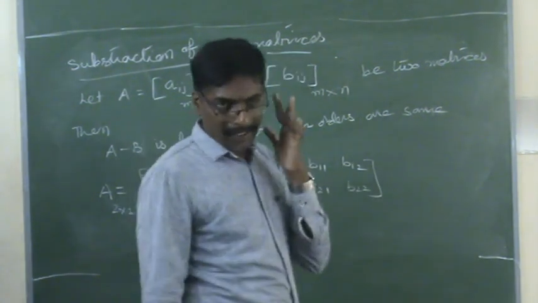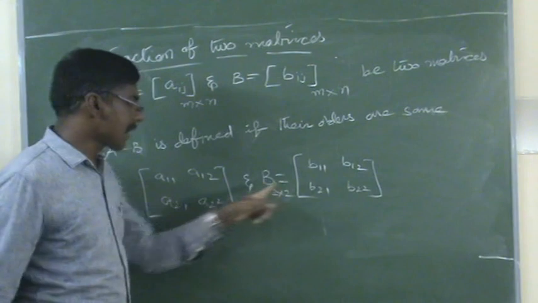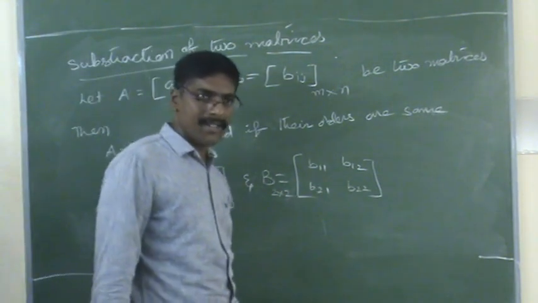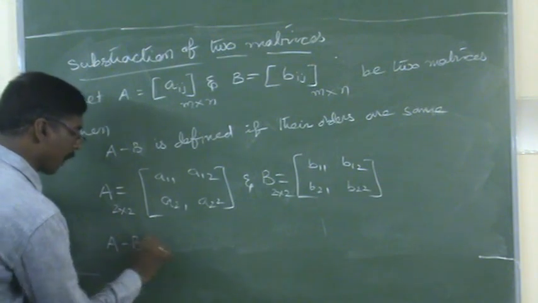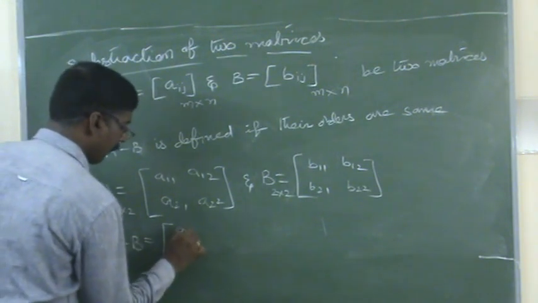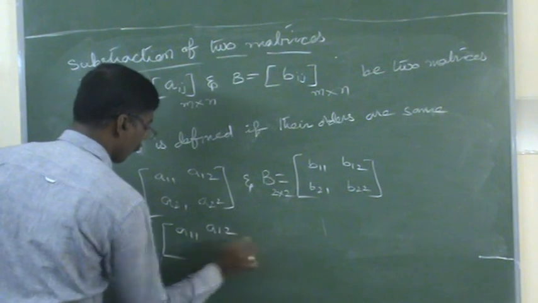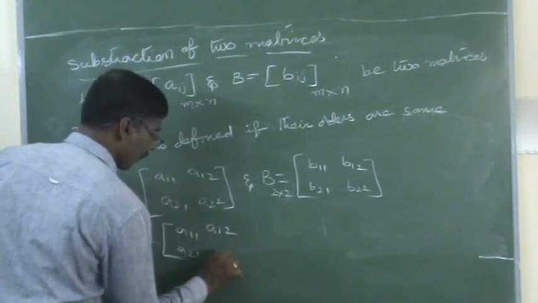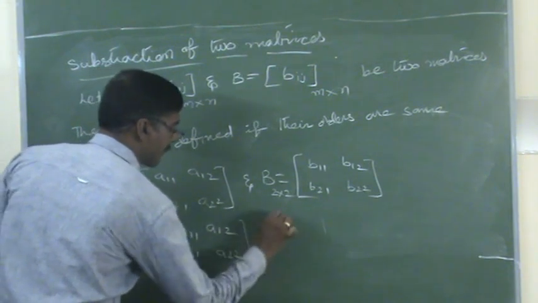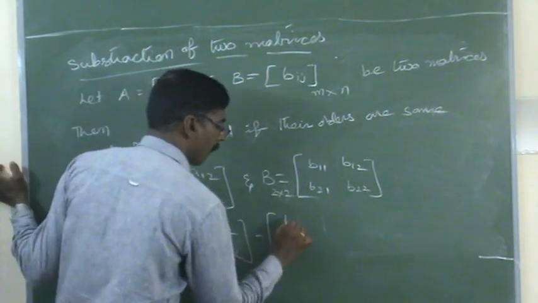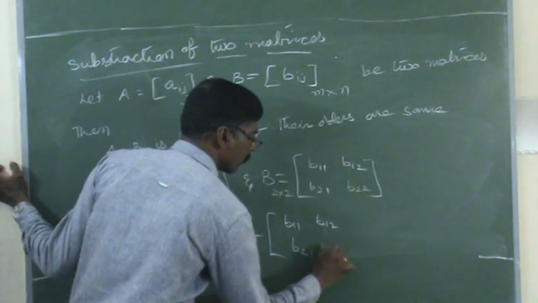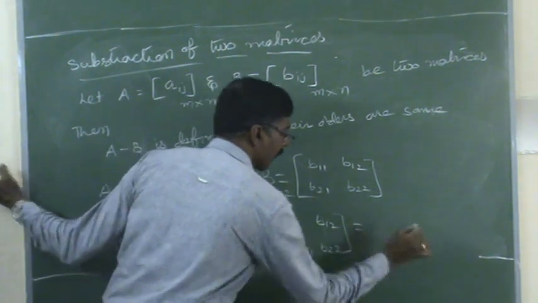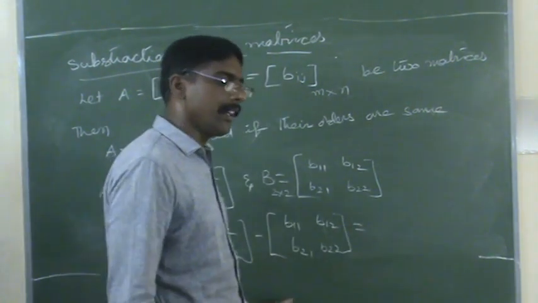As their orders are same, the subtraction of the two matrices is possible. Here we take A minus B: A11, A12, A21, A22 minus B11, B12, B21, B22. Same condition as addition.